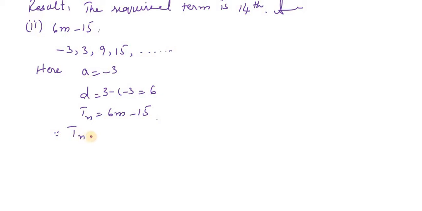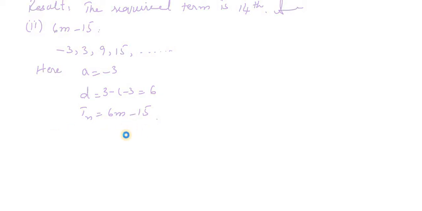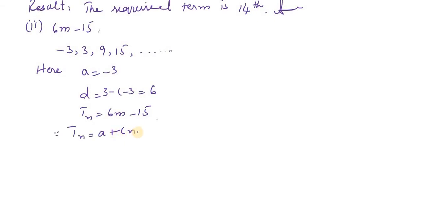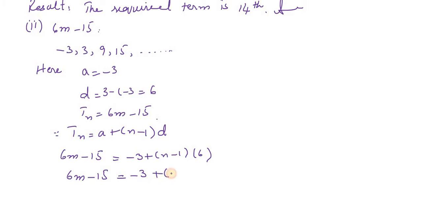As we know, Tn is equal to a plus n minus 1 of d. The last term 6m minus 15 is equal to a, which is minus 3, plus n minus 1 and d is 6. So 6m minus 15 is equal to minus 3 plus 6n minus 6. 6m minus 15 is equal to minus 9 plus 6n.